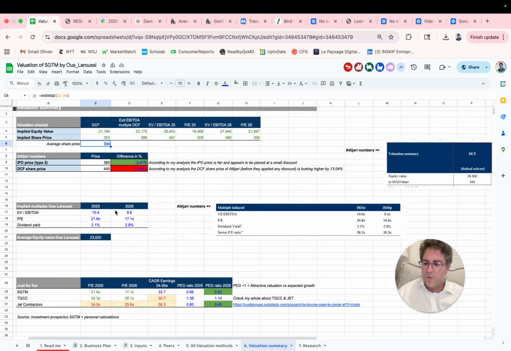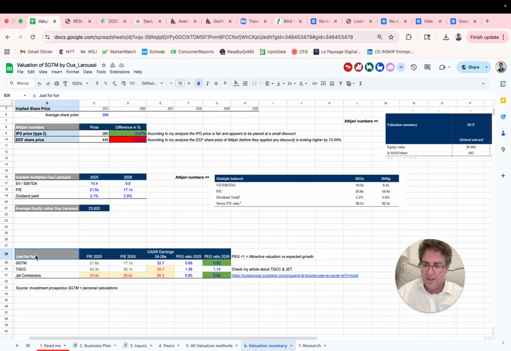But when I look at the implied multiples, which are EV over EBITDA and PE, I'm around their numbers. Both of us are looking at a valuation of 10 times EBITDA on 2025 and around 9.4, 9.8 in 2026. And same for the PE, we have almost similar values.